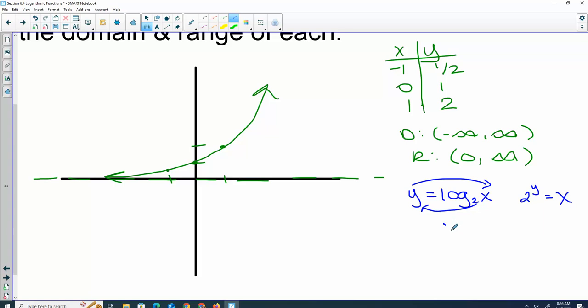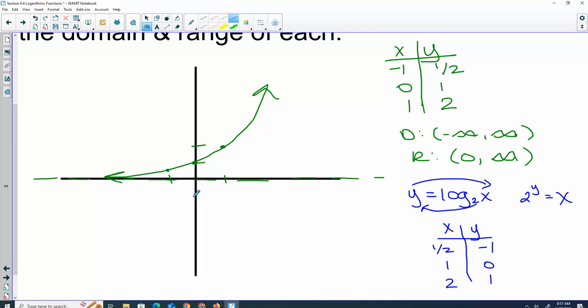When we graphed exponentials, we plugged in -1, 0, and 1 for the exponent. Which variable is the exponent? Y. So my y would be my -1, 0, and 1 this time. 2 to the -1 is 1/2. 2 to the 0 is 1. 2 to the first is 2.